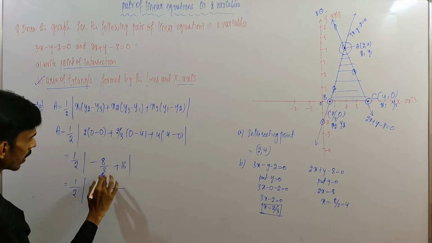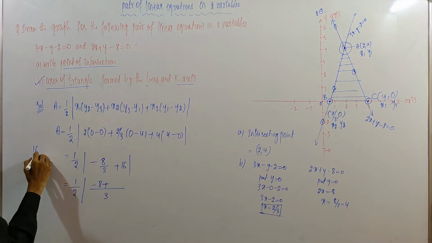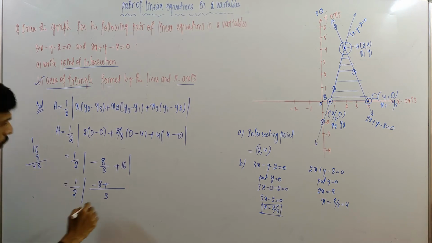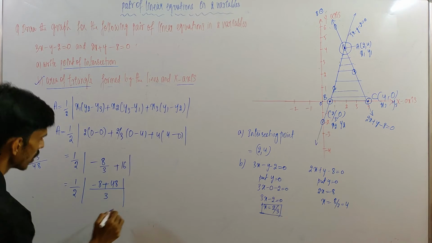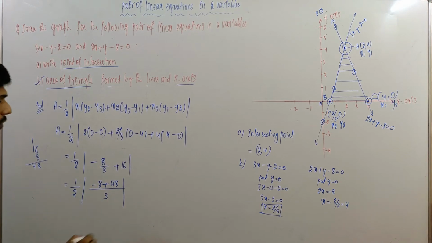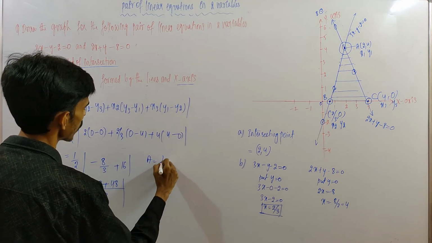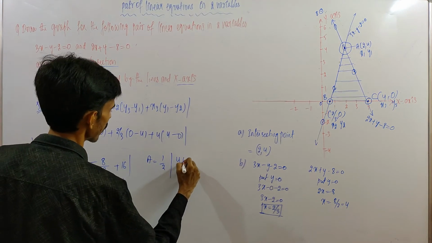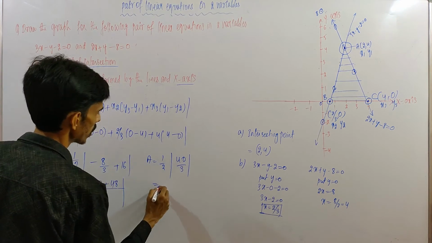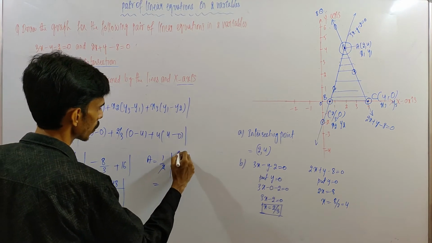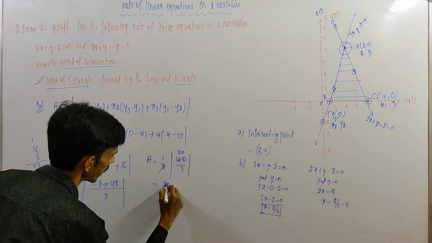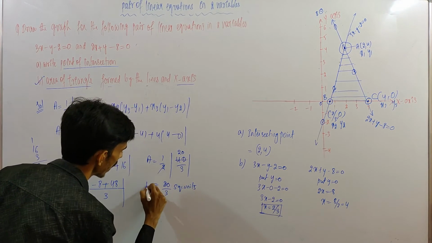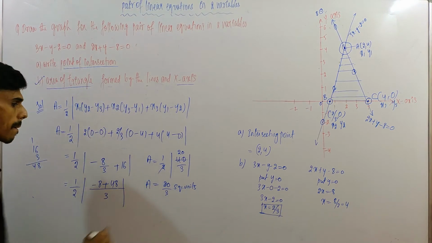Here we have 8, 3 into 16 is 48. So we have 48 minus 8, 40. So area A is equal to 1 by 2 mod 40 by 3. Cancel this, 2 1s are 2, 2 20s are 40. So we have 20 by 3 square units as the area of the triangle.